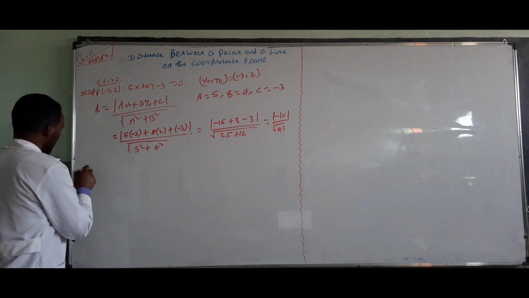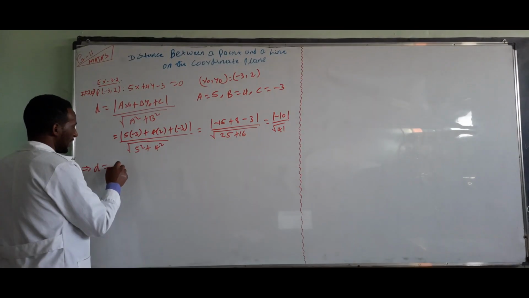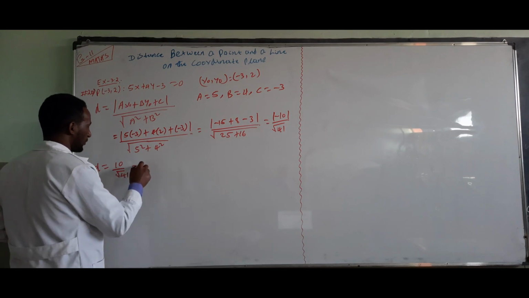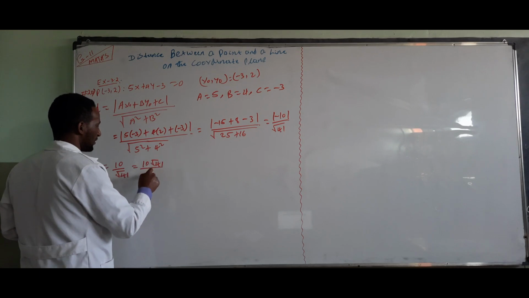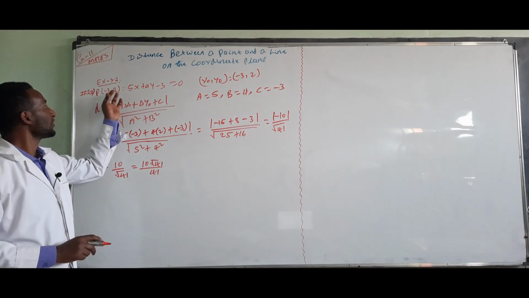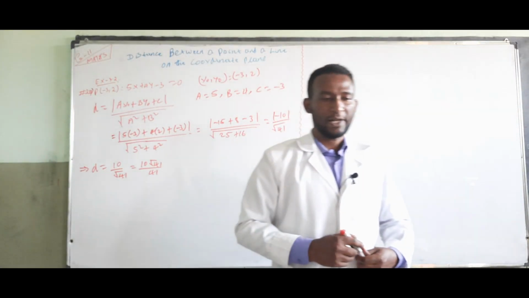Therefore D is equal to 10 over the square root of 41, which is equal to 10 square root of 41 over 41. This is the distance between the given point and the given equation of line.